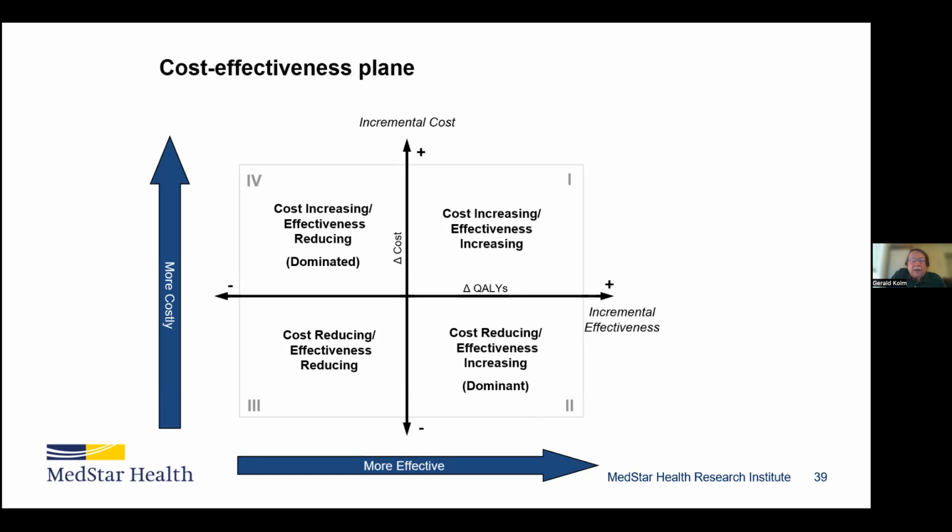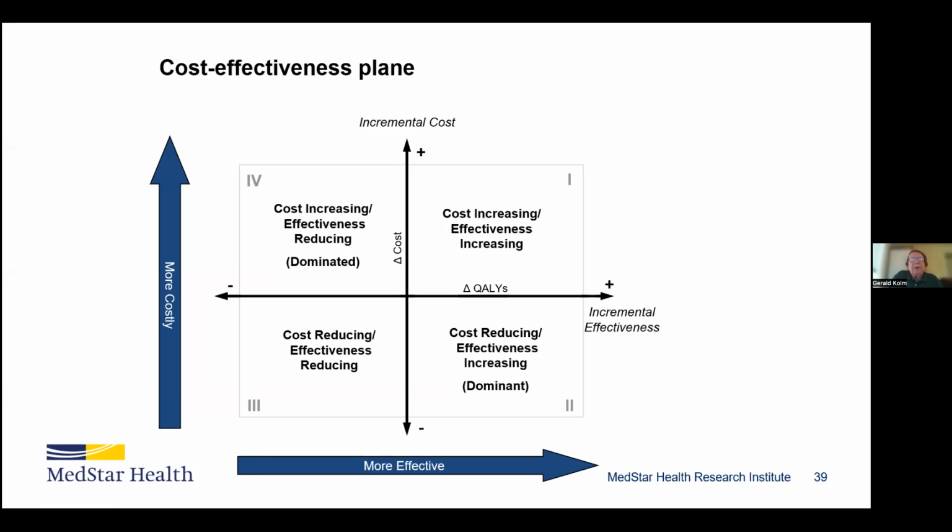So that's actually sort of the best outcome possible. And then over here, we have kind of a no-win situation. The cost is less, but so is the effectiveness. That may or may not be relevant. And then we have in quadrant 4, sort of our worst case scenario where the cost is higher, but the effectiveness is lower.